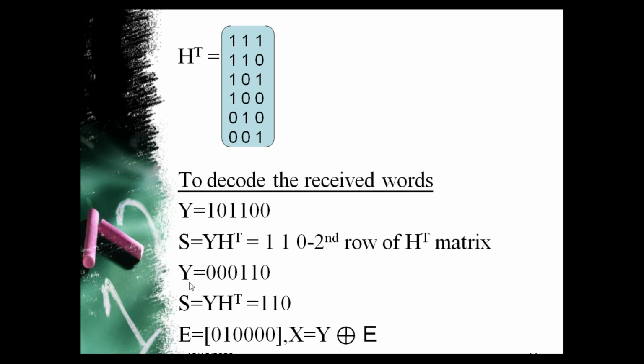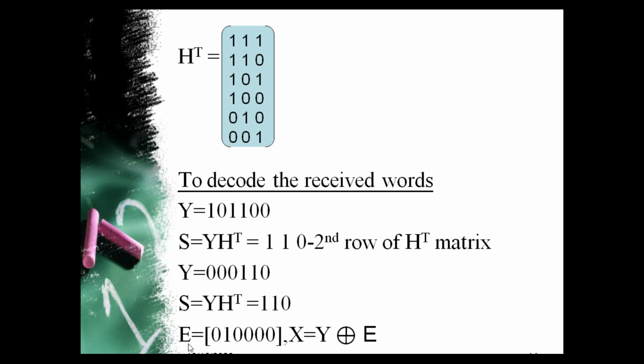Then similarly, y is equal to the second given received word. Find the product y into H transpose. Again, we have got 110. It means that 110 is the same as the second row of the H transpose matrix. Therefore, we can say the error has occurred in the second bit position in both cases.